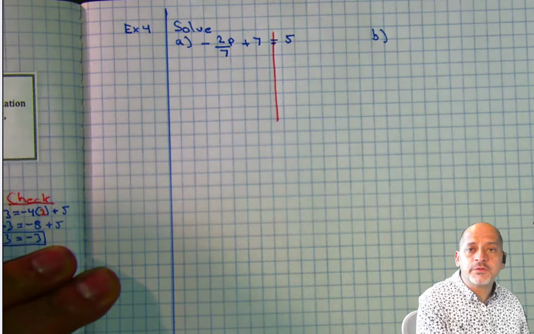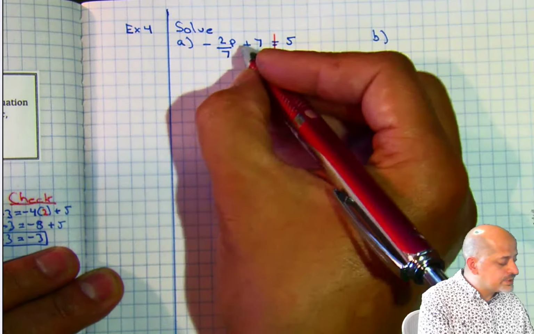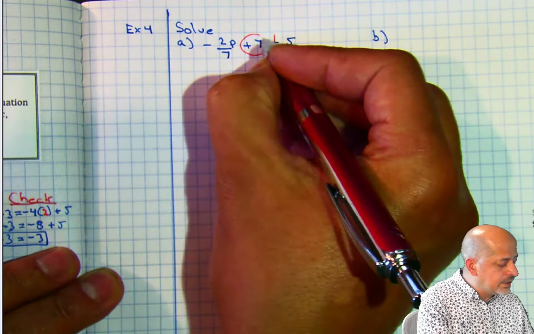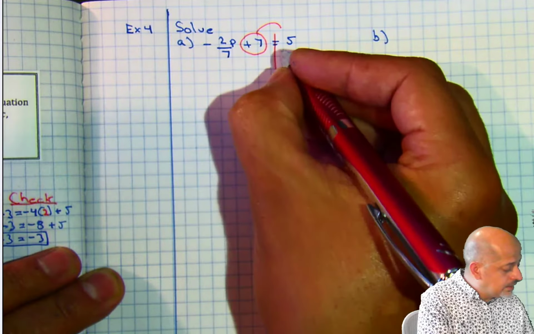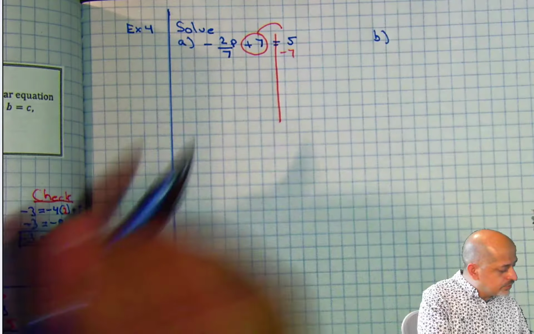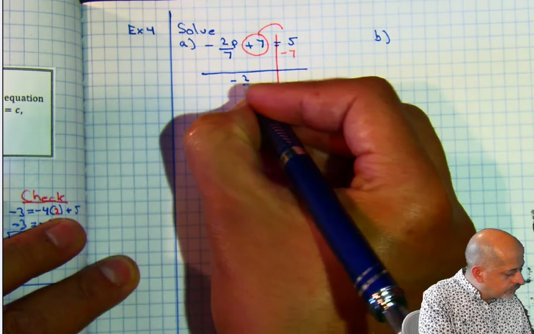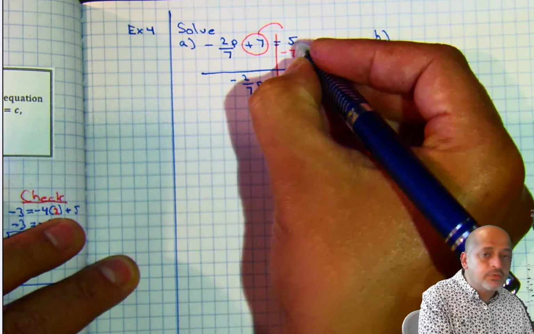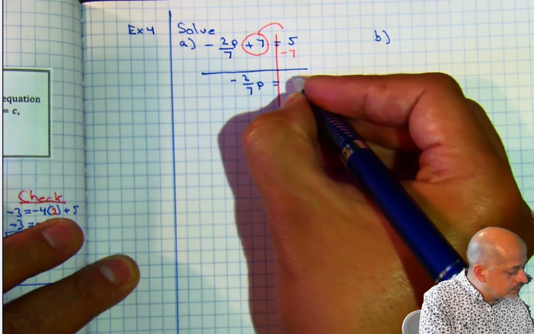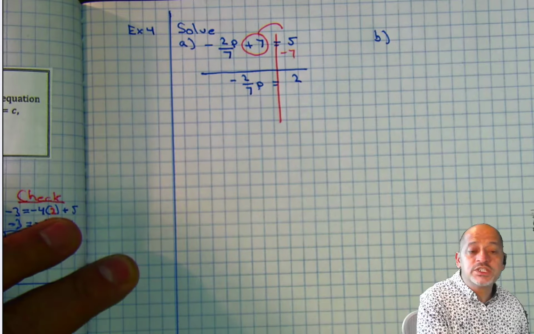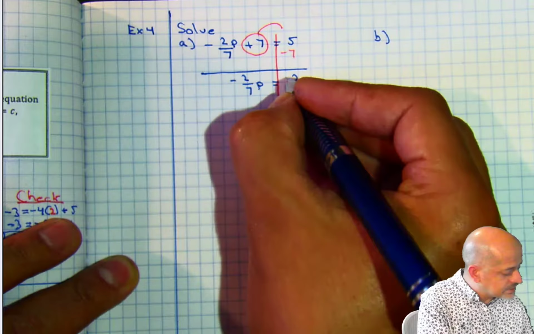So which one should I get rid of first? I'm going to get rid of this plus 7. I'm going to move it to the other side. A positive 7 becomes a negative 7. So now I have negative 2 over 7p is equal to 5 minus 7, which will give me a 2, and keep the sign of the bigger number. Which is bigger? The 7, so it stays as negative.